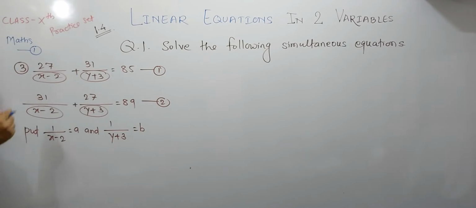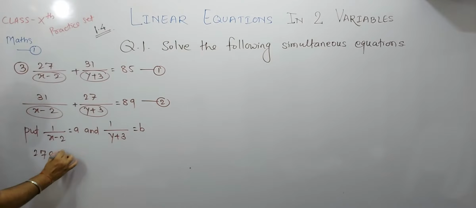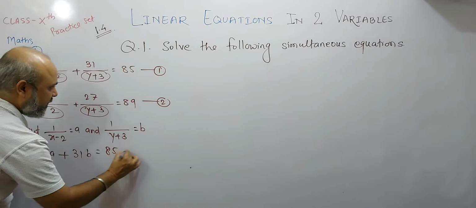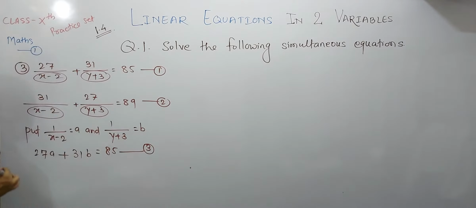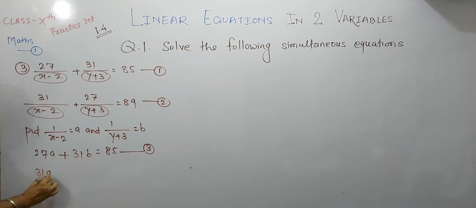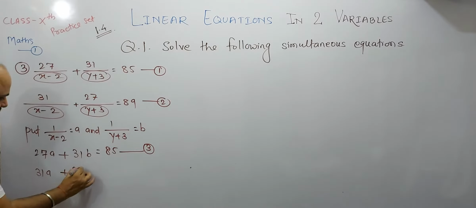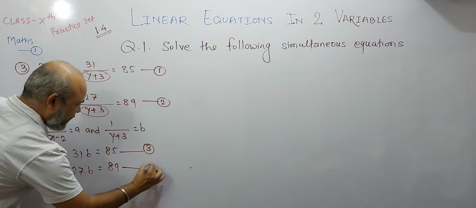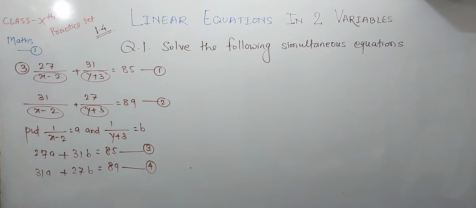From first equation you will get 27a plus 31b is equal to 85. This will be equation number 3. And from equation 2 you will get 31a plus 27b, and this is equal to 89. This will be equation number 4.